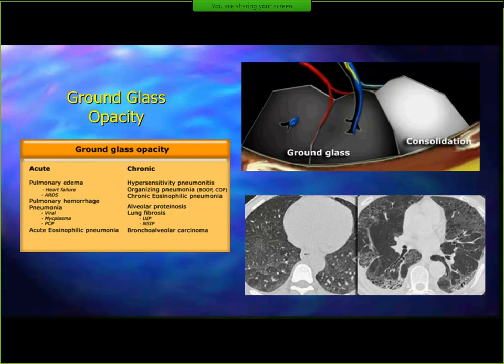Another pattern that you could see on the high resolution CAT scan is ground glass. It's an attenuation, like a density. It looks like this milky kind of background, and it means acute inflammation. It can mean an infection. You can see it in acute eosinophilic pneumonia. It could have a chronic pattern to it if there's fibrosis.